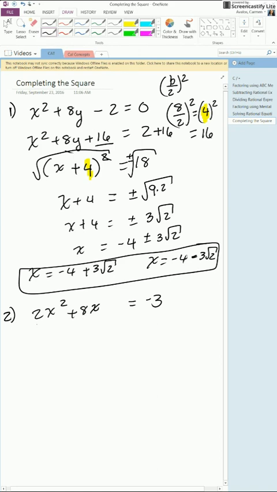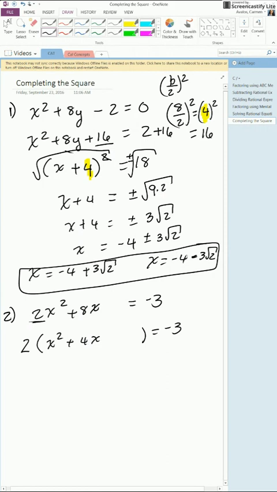But because the leading coefficient is not 1, you have to factor that out of there. So you're going to have x squared plus 4x and then equals to negative 3. So now we factored out a 2 from this whole entire thing on the left-hand side. So the new b is actually 4.